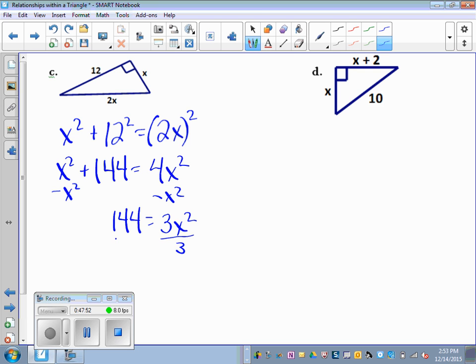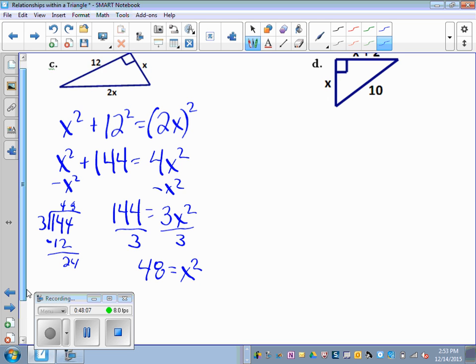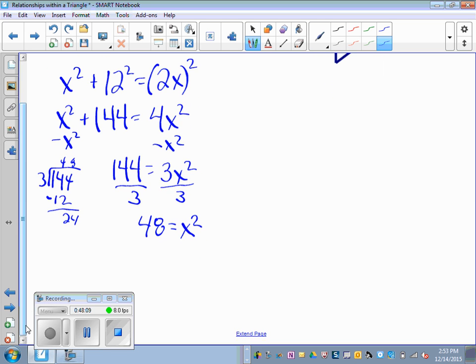Now we have 48 equals x squared. Then take the square root of both sides.